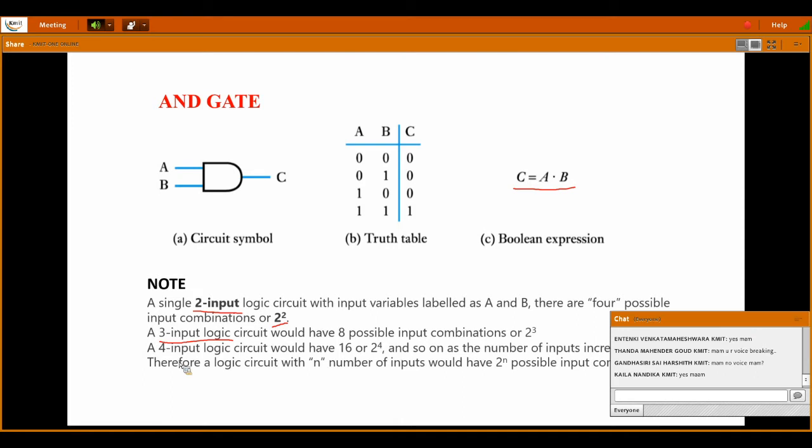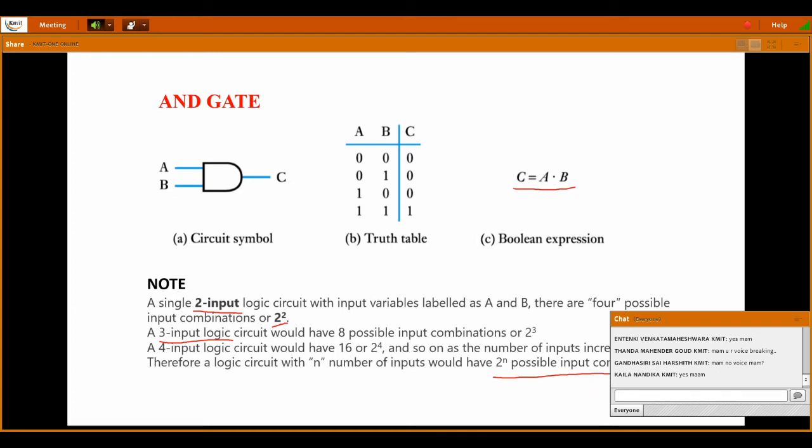Similarly, if there is a 4 input logic circuit, then we would have 2 power 4, that is 16 combinations. You can write a generalized formula: for n number of inputs, we would have 2 power n possible combinations.